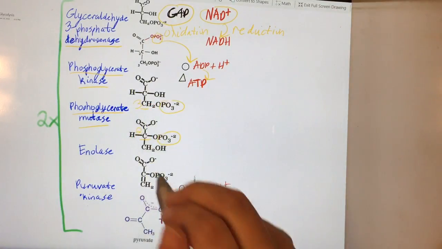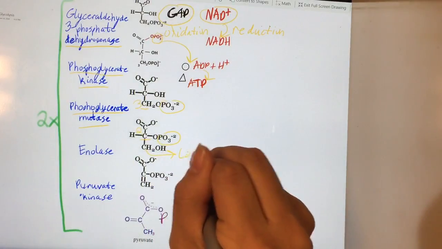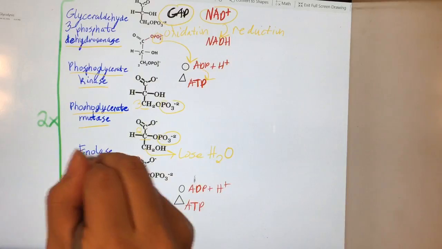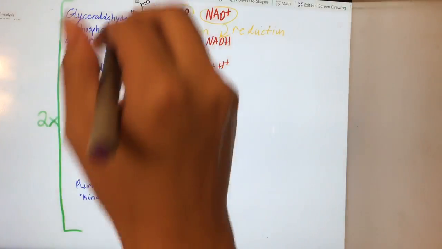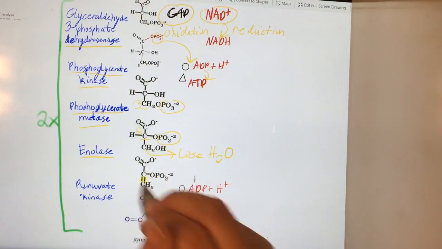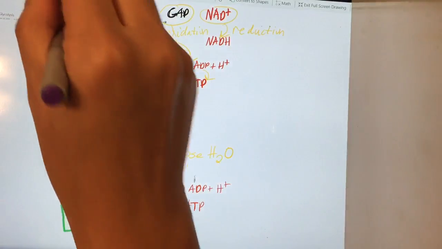The dehydration of 2-phosphoglycerate, catalyzed by enolase, introduces a double bond, creating an enol phosphate, phosphoenolpyruvate.